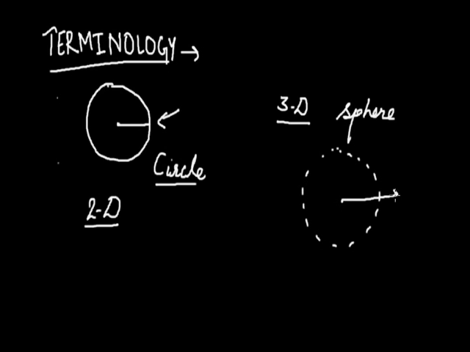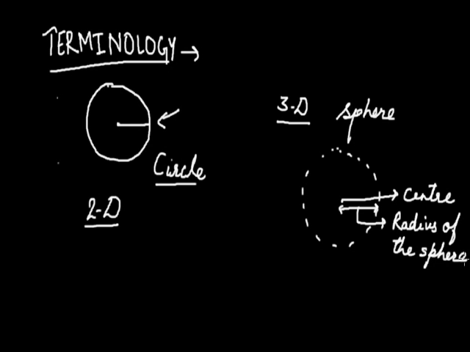This fixed point is called the center of the sphere. This constant distance from the fixed point to the locus of the point is called the radius of the sphere. And also we have this curvature, the surface which is in the form of a sphere.